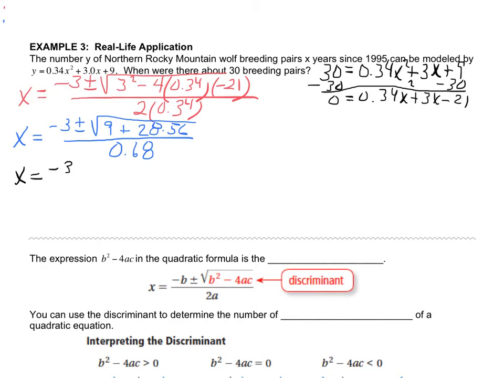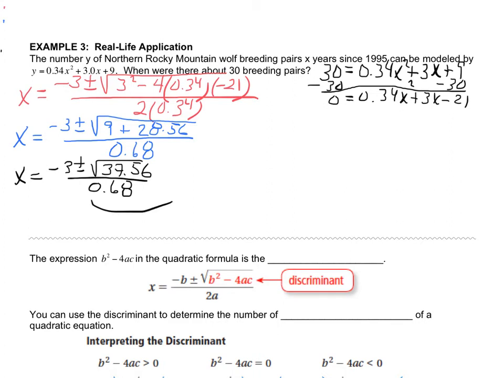When I move on to the next one, now I can simplify the radicand a little bit further. The 9 plus the 28.56 is going to give me 37.56, still all over 0.68. Now I've got to think about actually using the calculator and doing my square root keys.